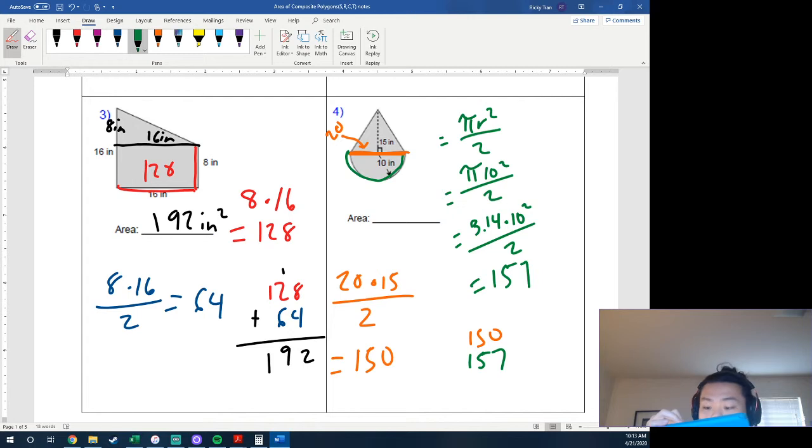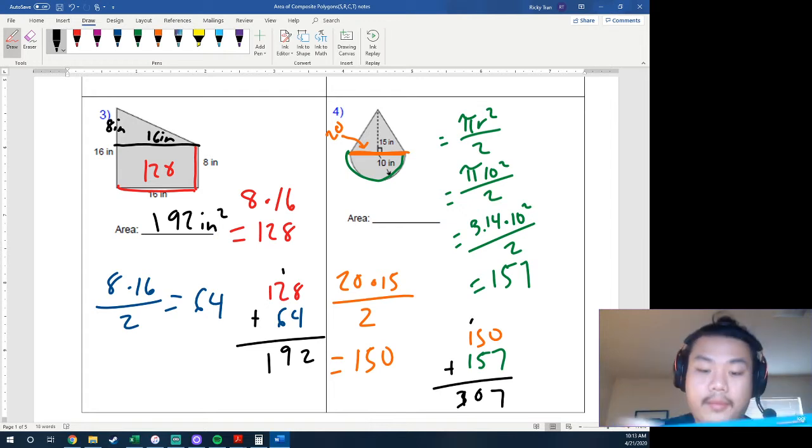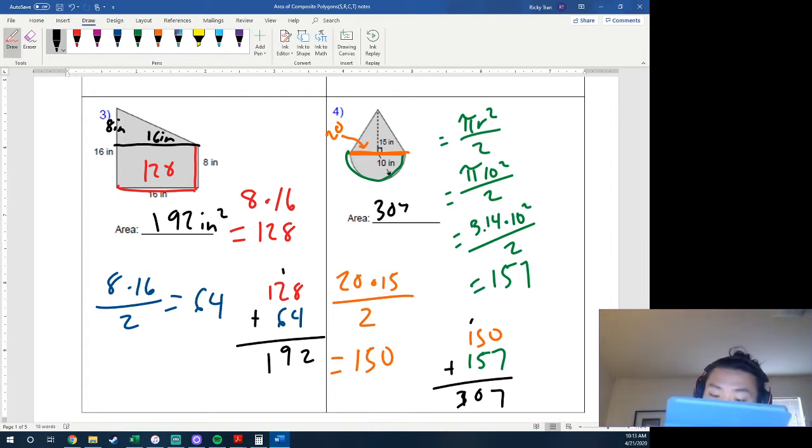And so we get 307. Okay, so area is 307 inches squared.